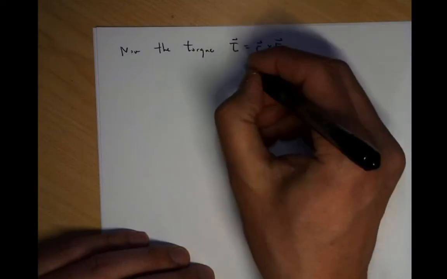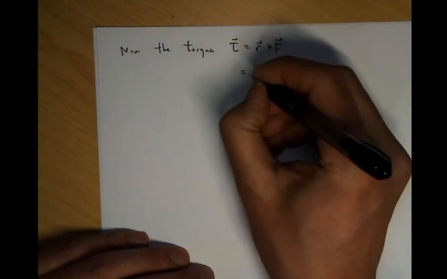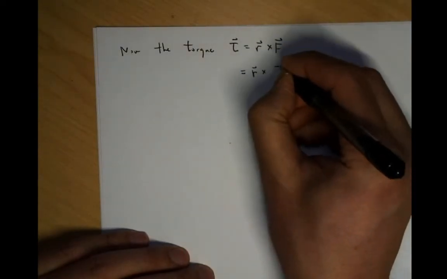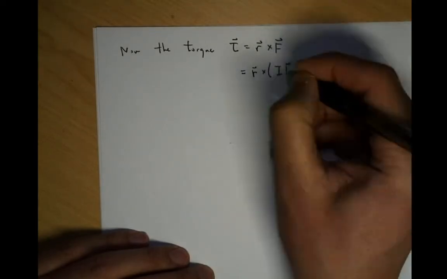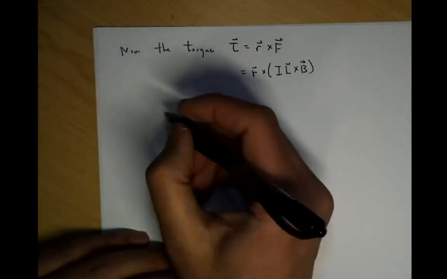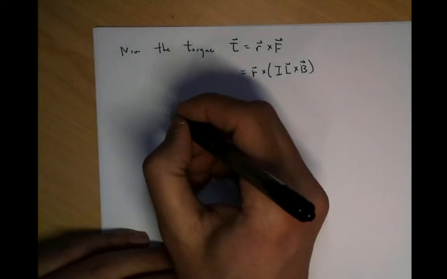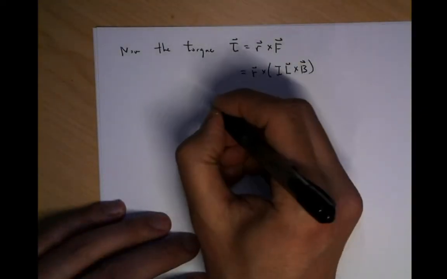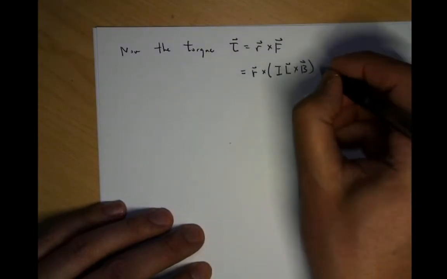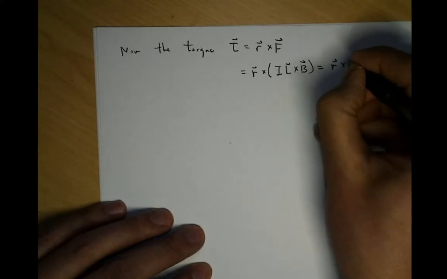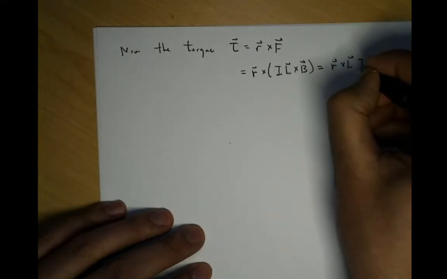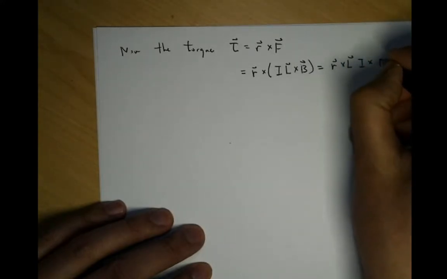And for the wires, this is just going to be R cross I L cross B, right? Okay. And so this is equal to R cross L times I cross B.